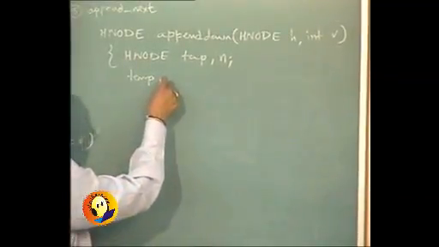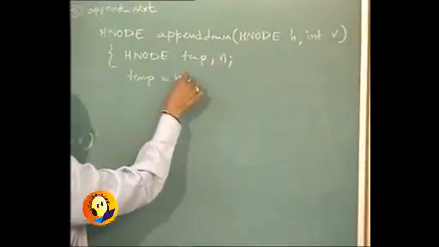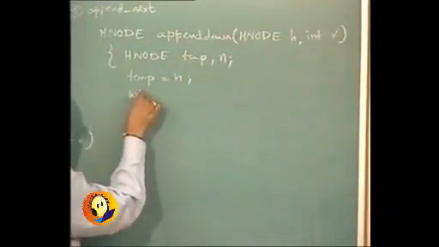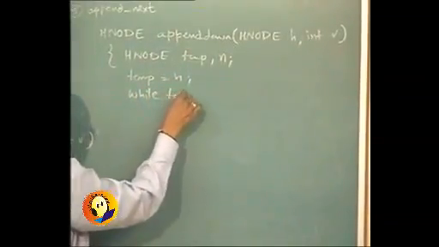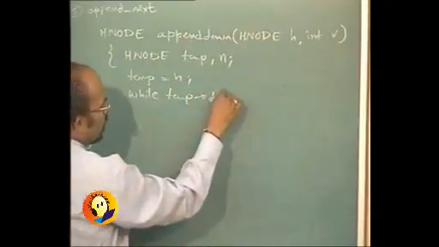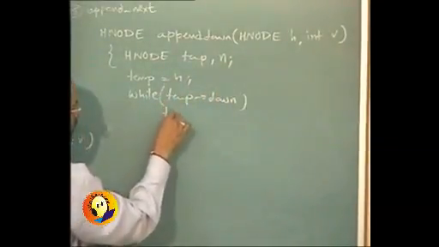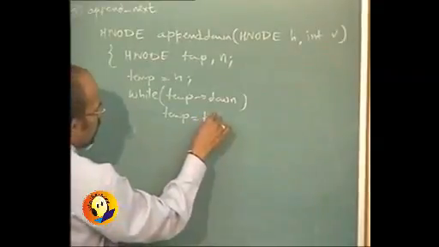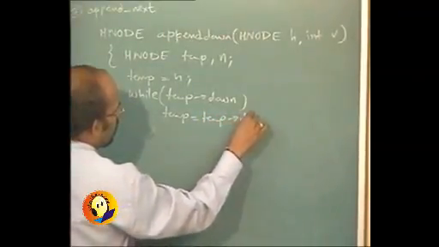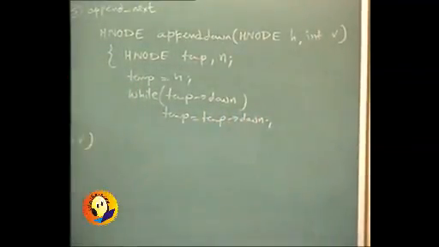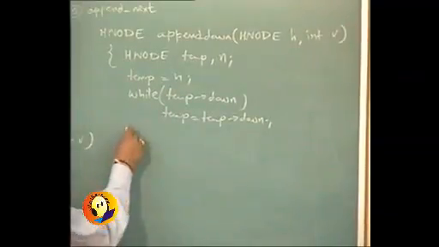So temp is equal to H, and while temp arrow down is not equal to null, temp equal to temp arrow down. So you will obviously reach that node whose down is null. So you will have to attach the node over there.